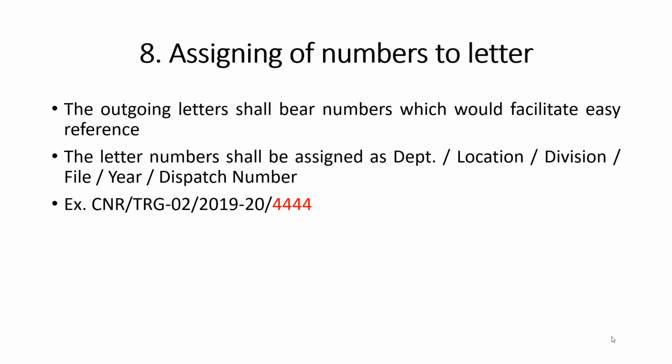Here the CNR refers to the location, TRG02 refers to the file series, and 2019-2020 refers to the financial year. The number in red is the dispatch number. It is always handwritten since it has to be entered into dispatch register before assigning the number to the letter. This is usually the serial number.